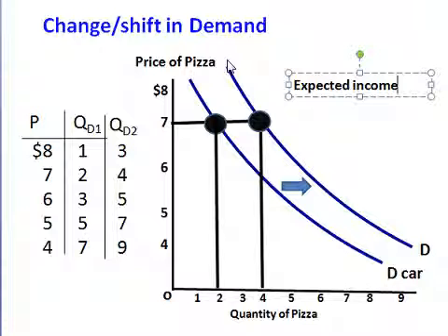Okay, suppose we are on this demand curve. Suppose in future my income will go down, that I know. So what shall I do? I shall not buy anything. Rather I shall save money, because in future my income will go down.